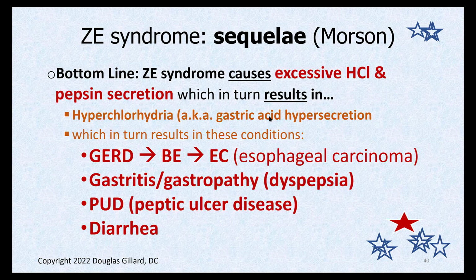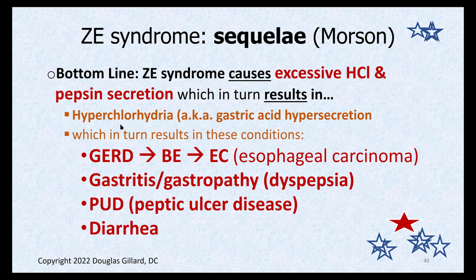So what's the sequelae? Well, if you have too much acid produced in your stomach, as well as pepsin, you have a condition called hyperchlorhydria. I expect you to know that word. It's a vocabulary word. Hyperchlorhydria means you have too much acid being produced. There are too many hydrogen ions, and the pH is too low in your stomach. So who cares about that?